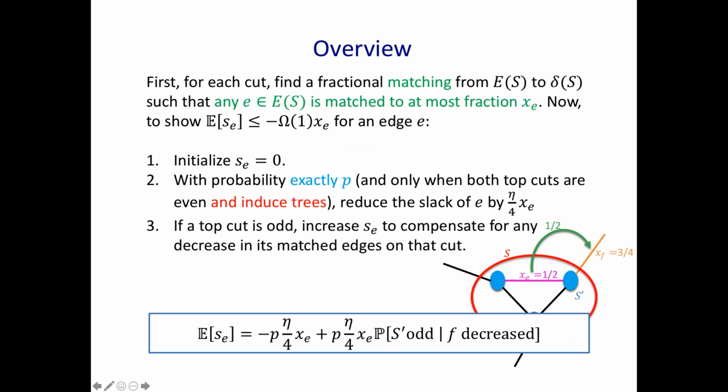So it should be clear that as long as this probability is bounded below 1, we're sort of done, at least, assuming that what I've told you is true. Okay. And so notice that we require an edge's top 2 cuts to induce trees in order to reduce its slack. It turns out that this implies a useful independence property that we can use to bound this probability below 1.